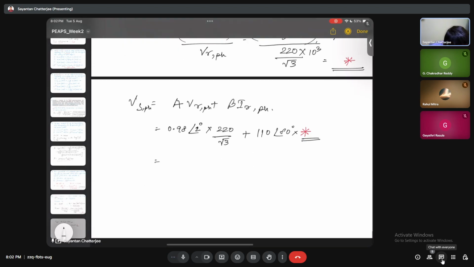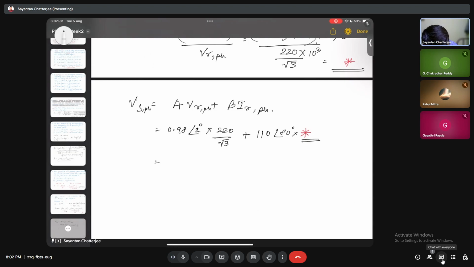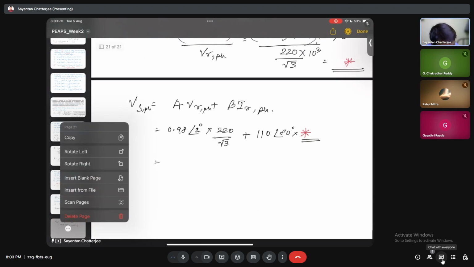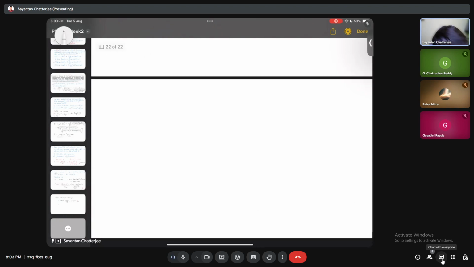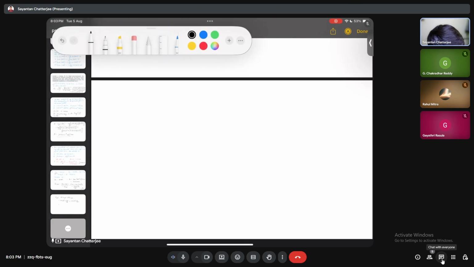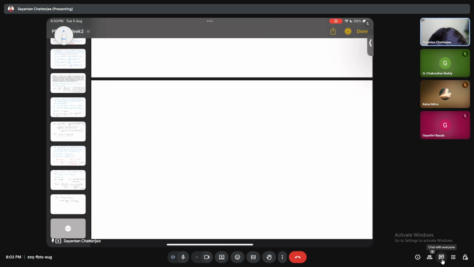In the meantime, somebody asked regarding the sending end voltage, if we calculate from the sending end side. Yes. So considering these same numericals can be solved from the sending end side. If the values are given from the receiving end, or any point which is x distance away, you have the direct equations.